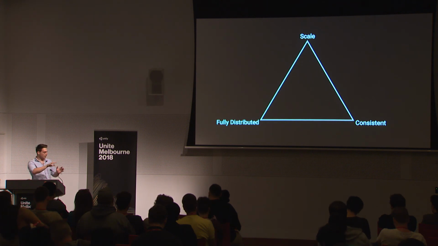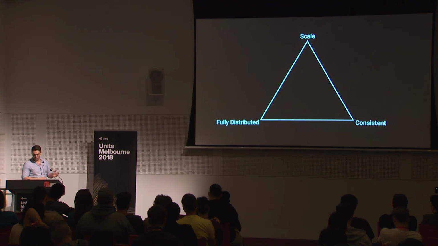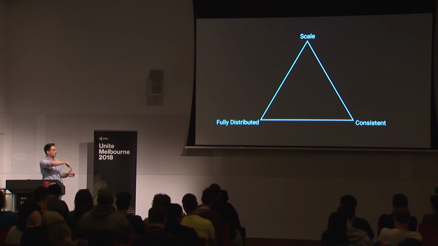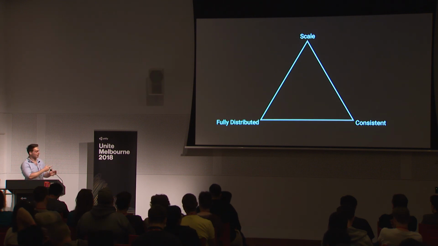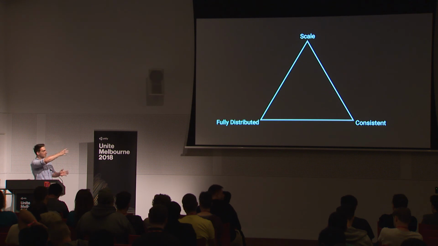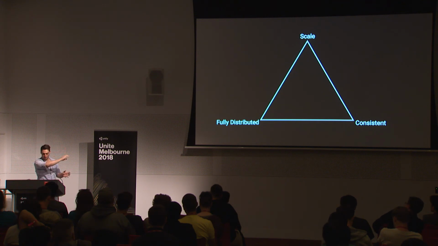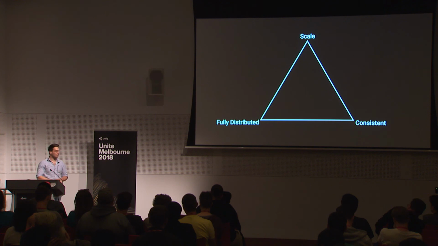So they're syncing regularly. Something like Ethereum would fit on the bottom of that triangle, but the problem with that is that it doesn't scale very well, it's slow, you have to deal with transactions and whatever, so you're constantly making a trade-off between how distributed and open you want to be compared to how consistent and how much scale you want. And that is going to depend on what your players would want and what's best for your users.